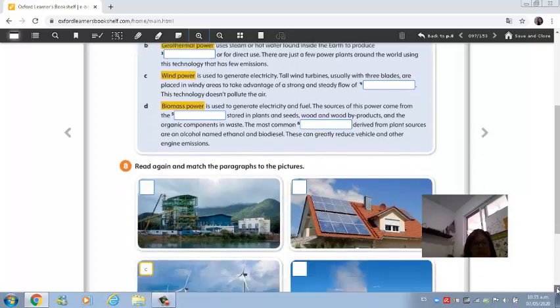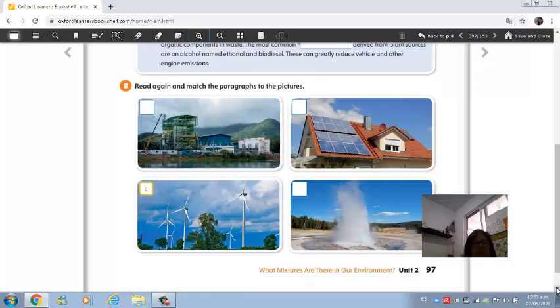Let's go to 8. It says, read again and match the paragraphs to the pictures. What would the first one be? Correct. D. You could see like a little mountain or some kind of plant, right?